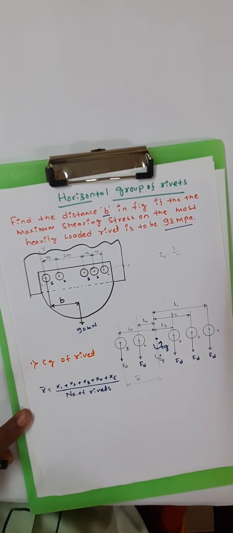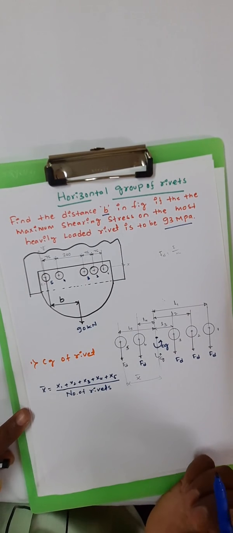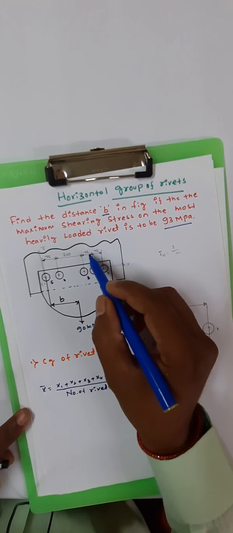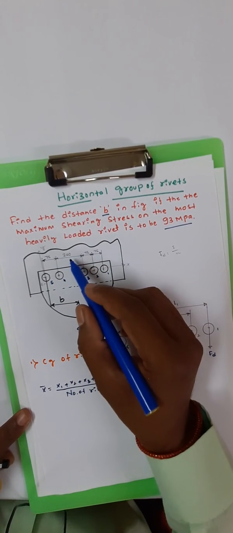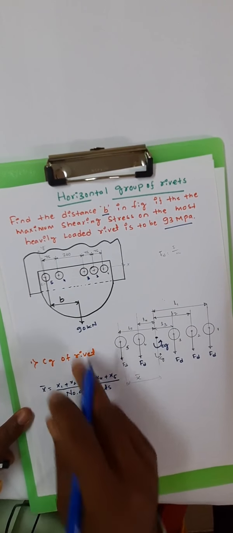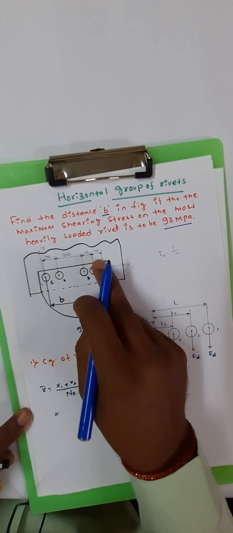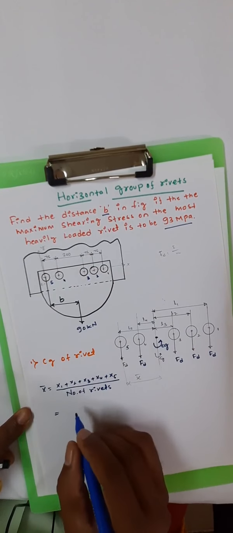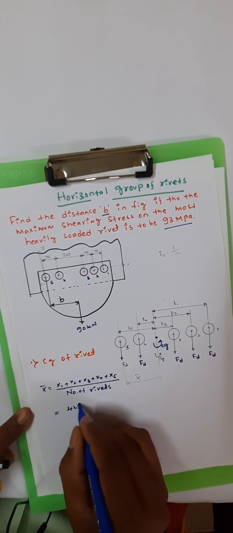Now we will see how to find the value of X. If you add 75 plus 200 plus 75, the total distance is X1, so X1 is equal to 425.